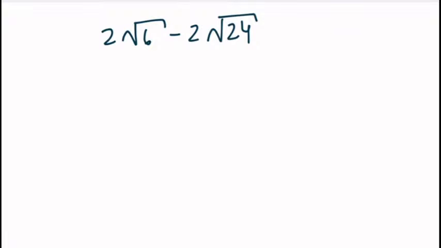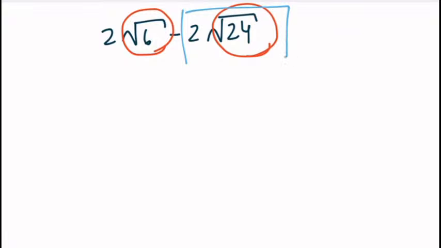To our convenience, radical 6 is already at its simplest form, so we're going to divide 24 by 6 to see if it can be standardized to the same radical. And indeed, 24 divided by 6 is 4, so we know that we can change 2 radical 24 into something radical 6. So we're going to simplify this by seeing what radical 24 can be simplified down to.